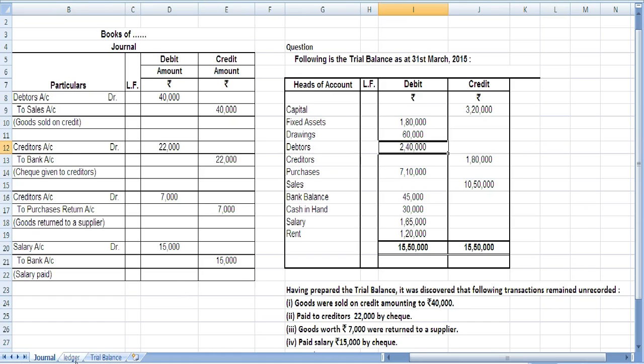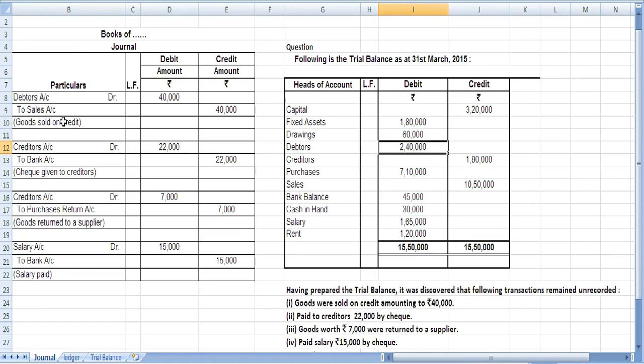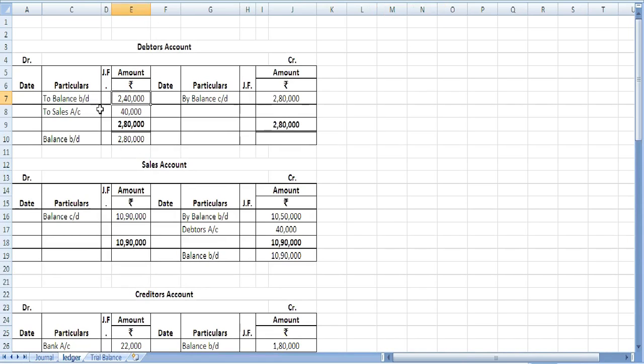Expenses and assets, the balance will start from the debit side. So first we'll write the balance: to balance BD 2,40,000. Then we'll write down debtors to sales account 40,000.